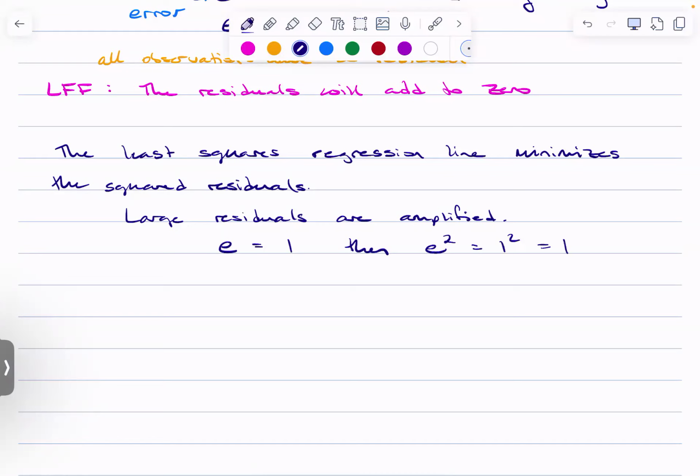No harm, no foul. Let's increase the error term by just 1. So now let's make it 2. Then the residual squared is going to be 2 squared. All of a sudden, from a 1 unit increase in the residual, I'm seeing a 3 unit increase in my squared residual. And so the line tries to incorporate that and minimize that, for better or for worse.